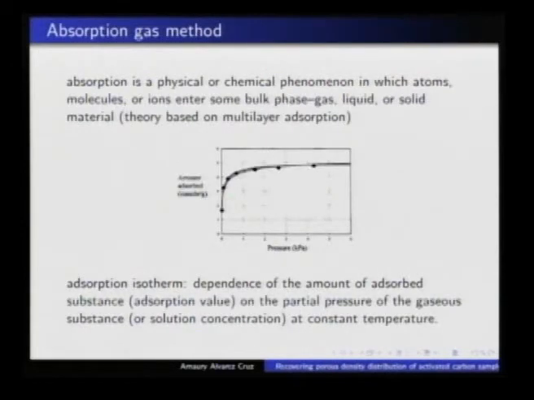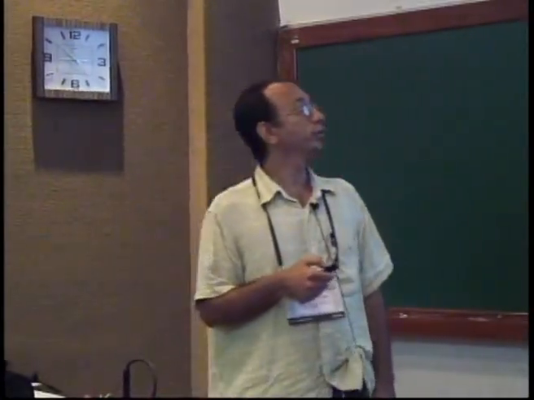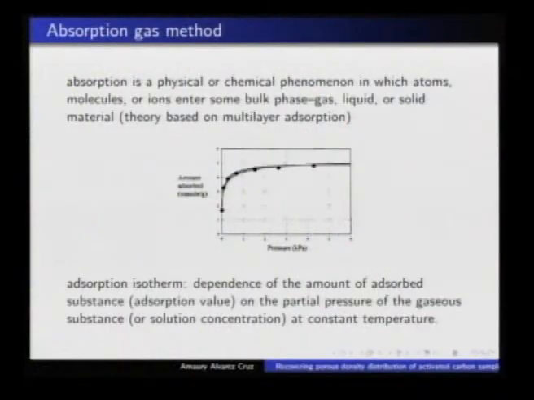To obtain the porous size distribution, it's usual to perform an experiment where absorption of several gases is used. For example, nitrogen, CO2, but the preferable is nitrogen because the molecules are much smaller than the others.